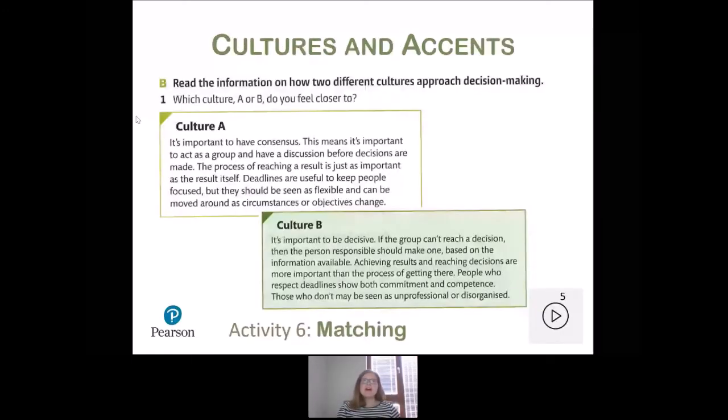Okay. Culture and accents. So let's have a look at this one. So here we are again comparing different cultural approaches. Here we are presented with culture A, where it is important to have consensus. So that means that all people, ideally all people in the group, should agree on some solution.